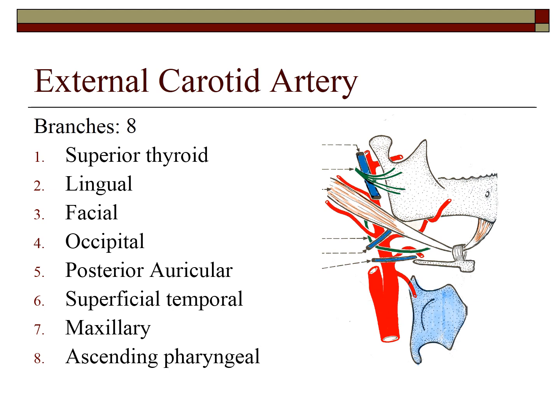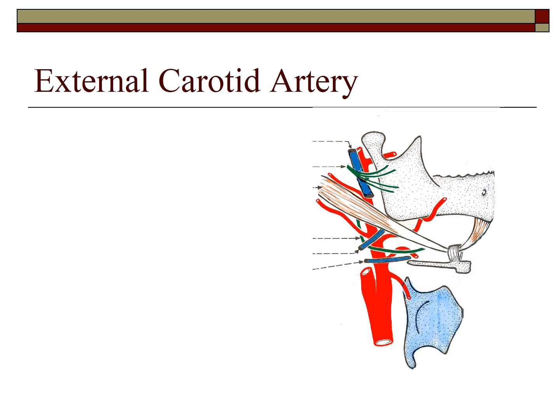So now we have finished the beginning of the artery, the ending of the external carotid artery, the branches of the external carotid artery. Now we are going to speak about the relations.